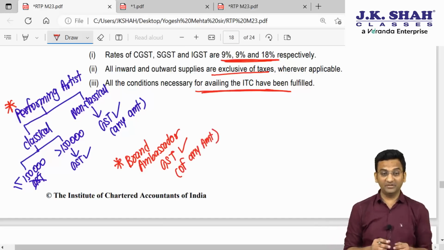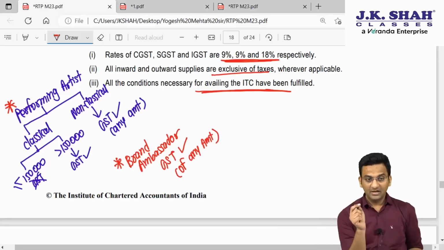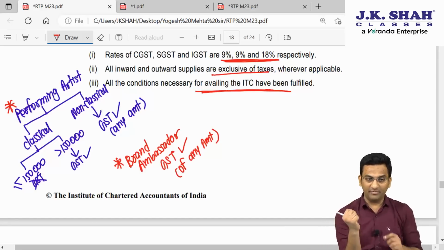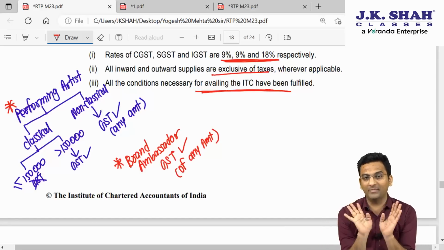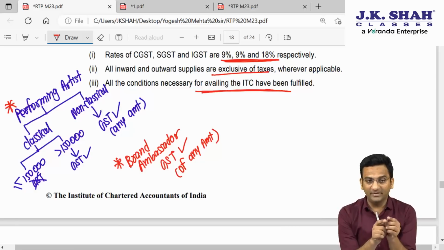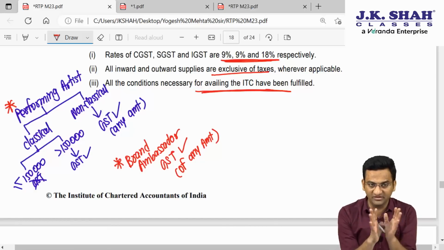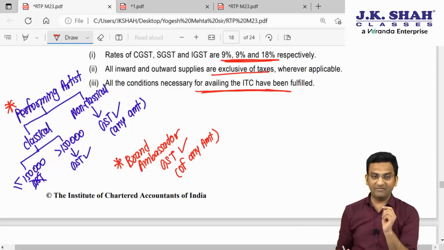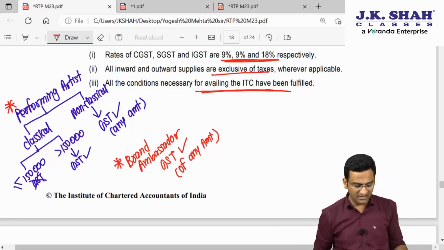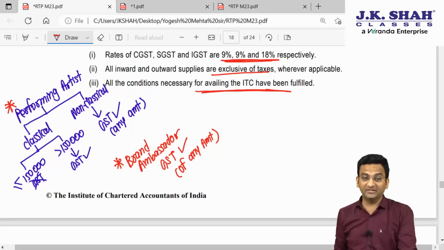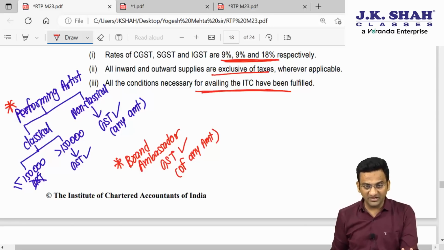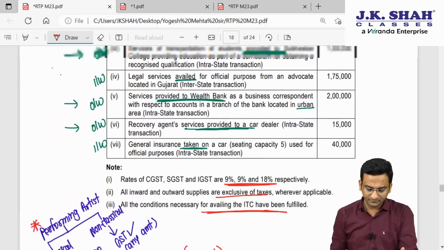I hope you remember this provision, friends. Performing artist, classical performance, non-classical performance. Non-classical performance, any amount will be taxable. Classical performance, if less than or equal to 1,50,000, no GST. If more than 1,50,000, there will be GST. And if he gives any performance as a brand ambassador, then GST is levied on that, even if the consideration is of any amount.